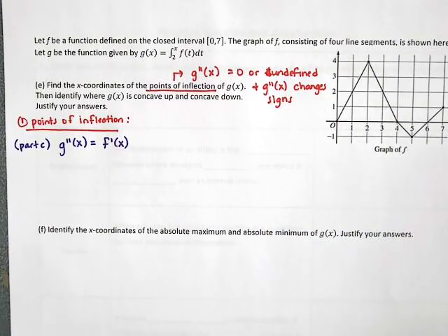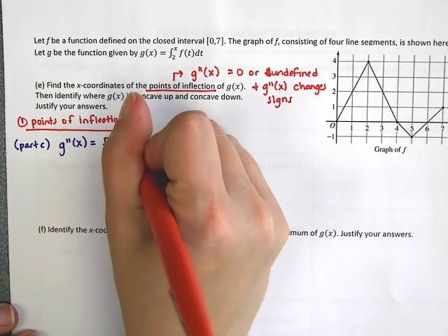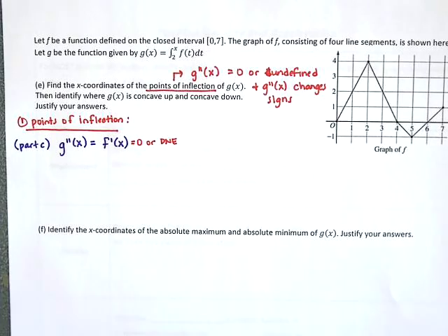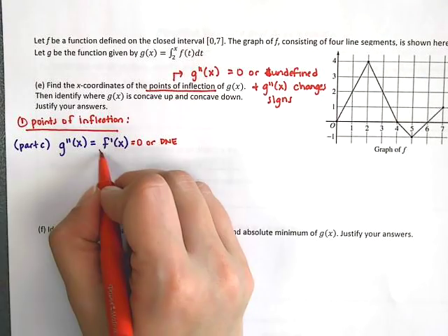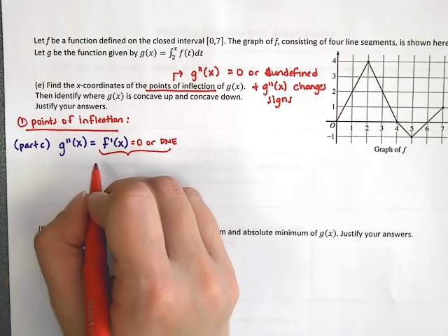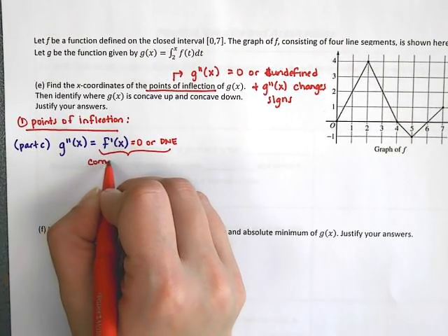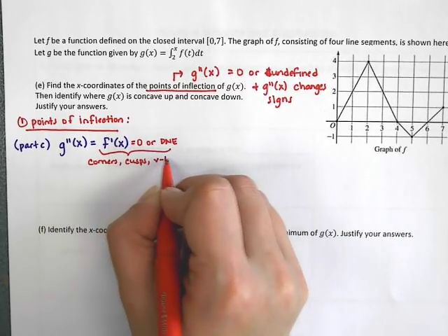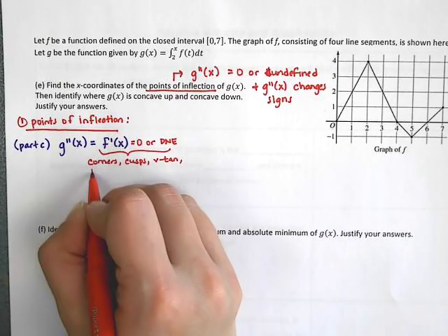Now, if we want to know where we are equal to 0 or undefined, what we're going to do is look for where the slope doesn't exist. In other words, corners, cusps, vertical tangents, and discontinuities.